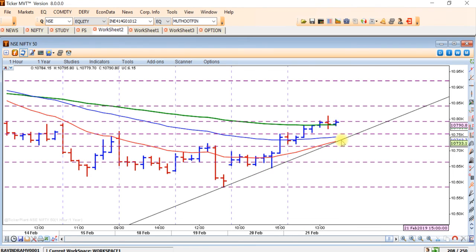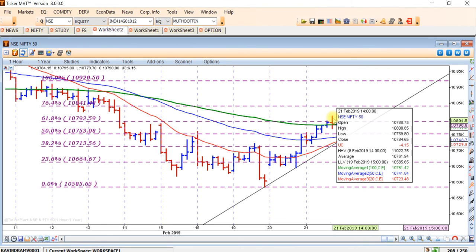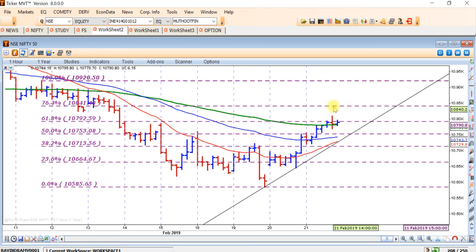Unless the market is below this trend line, there is a probability that the market can continue this recovery and go to a higher level once it crosses yesterday's high, which is actually 10,810. Once it crosses 10,810, then my target will be 10,841.